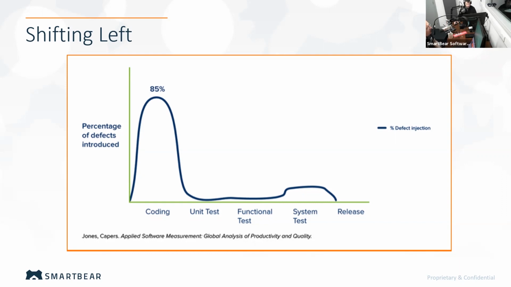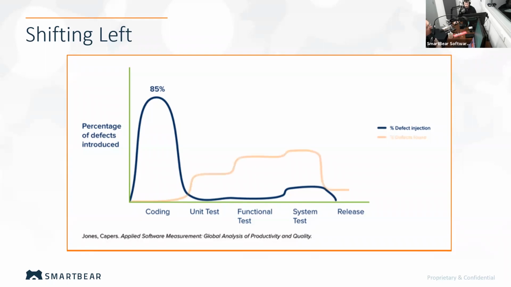When we analyze software delivery, we find that for traditional models of development, the vast majority of defects are injected during the build phase, because that is literally where code gets created. So rough analysis here, according to Capers Jones, indicates 85% of defects are injected into the code being delivered at the coding phase.